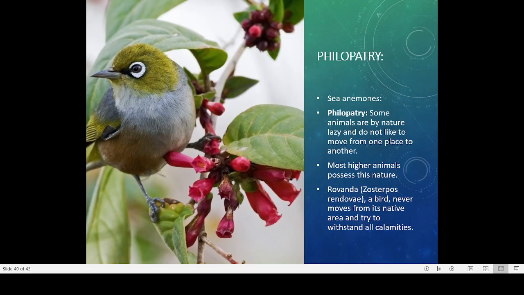Some animals are by nature lazy and do not like to move from one place to another. So here there is a bird called Rwanda. Scientifically it is Zosterops rendova. It is a bird that never moves from its native area and tries to withstand all calamities.